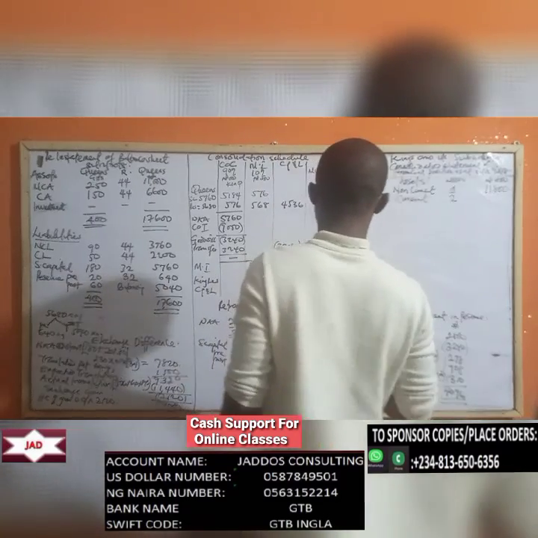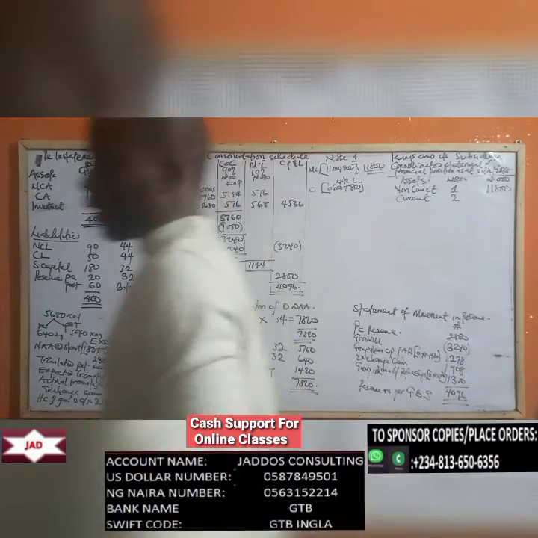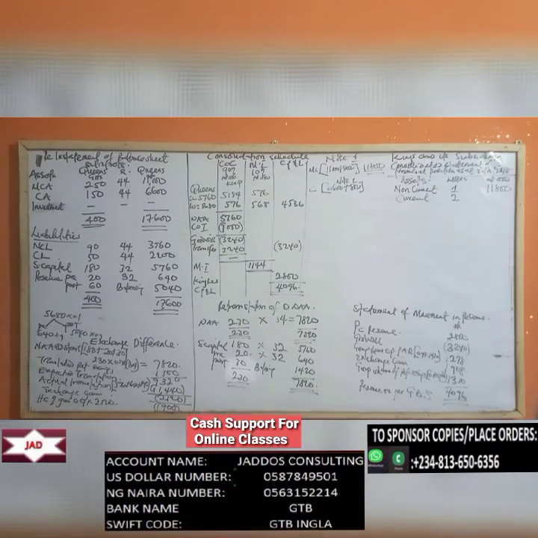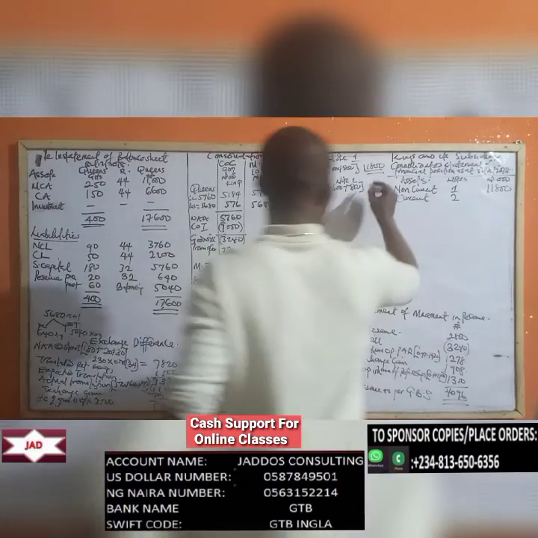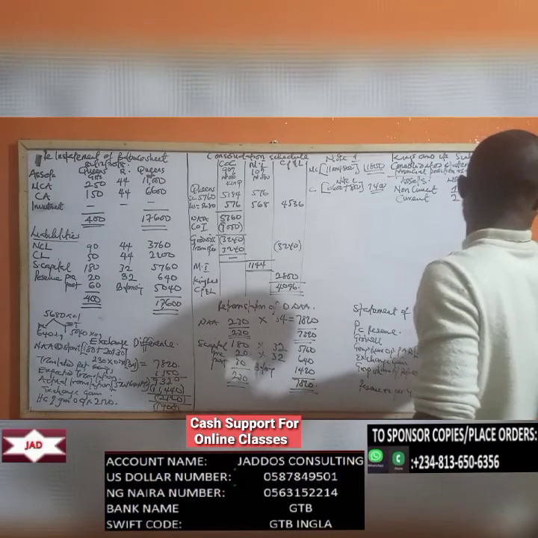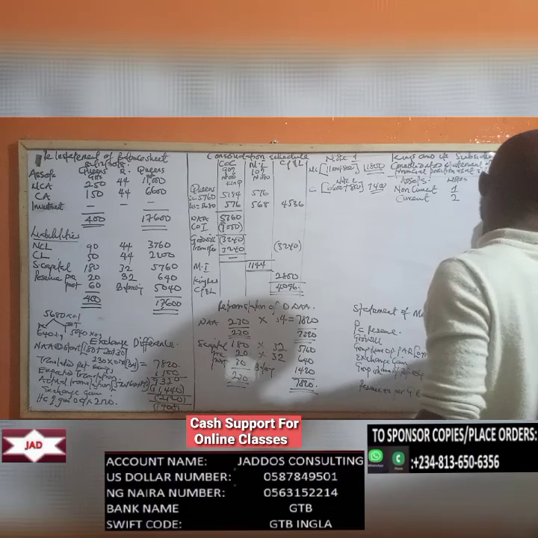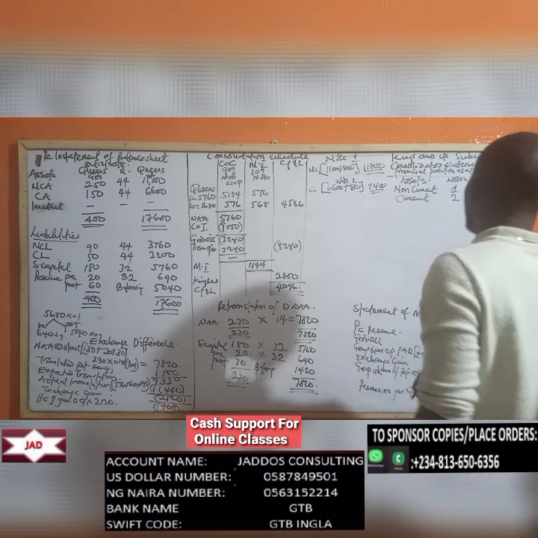So that will be 7,400. Let's check. $7,400. This will be 19,200 total assets.